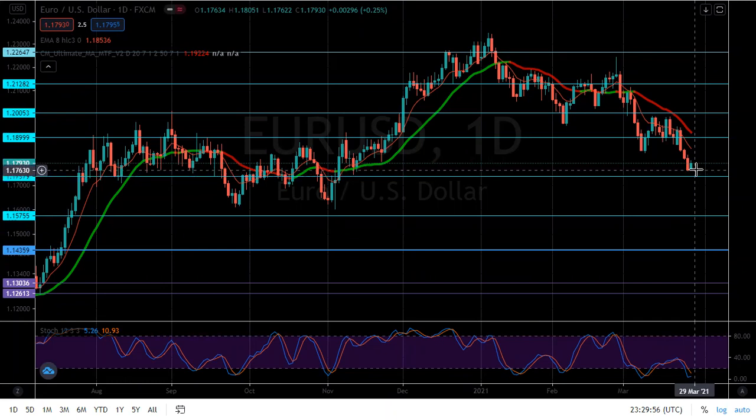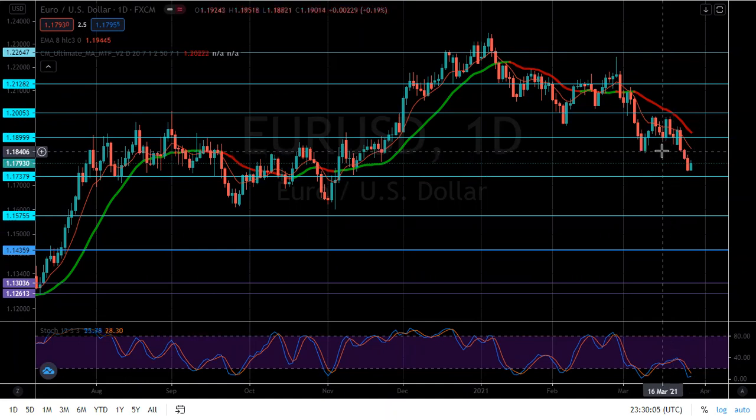We've seen some reactions there. We most likely would have a test of this lower low here at the 1.1835 area, and let's see if price reacts around here.